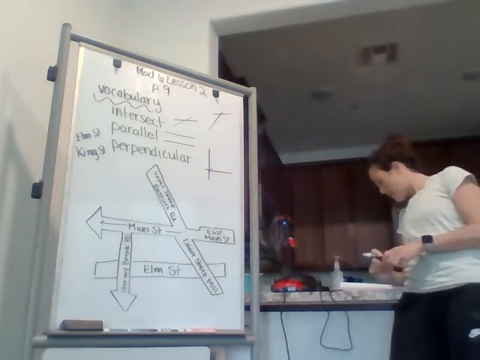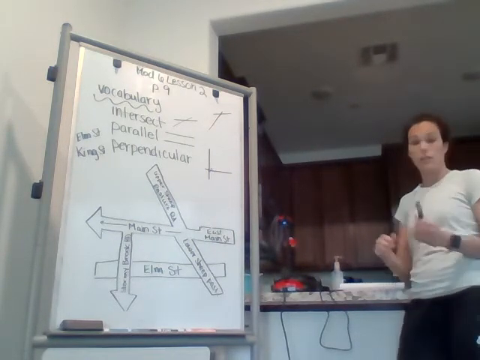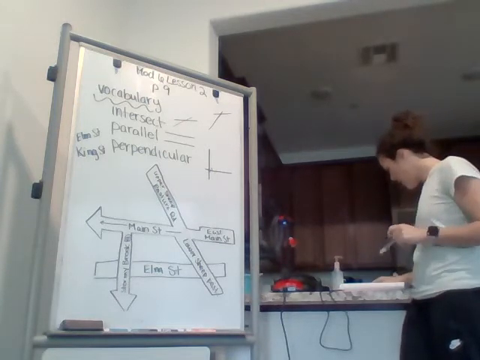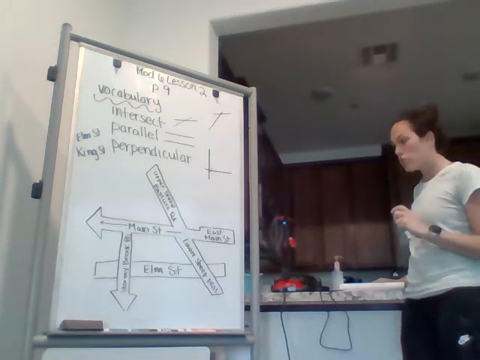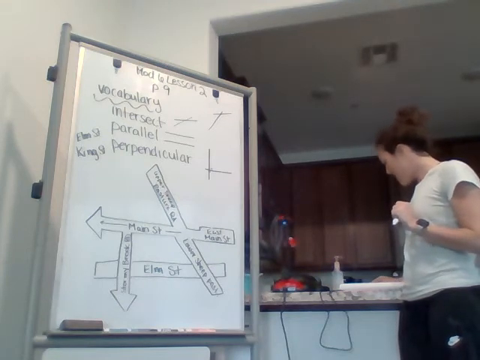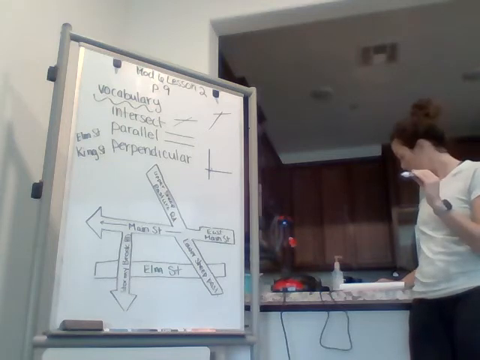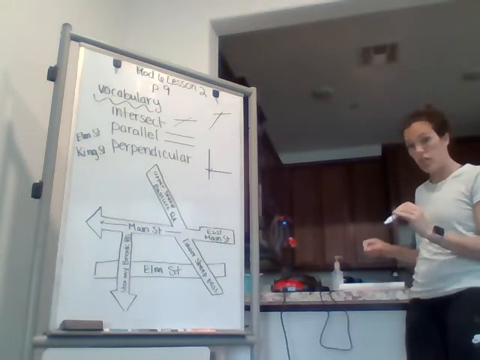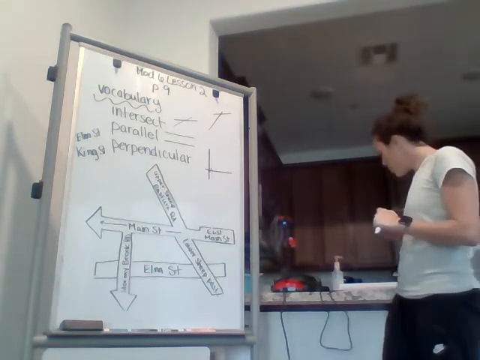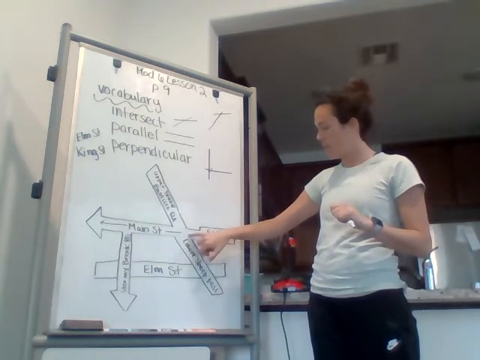The next one says King Street will be perpendicular, so again, making a 90-degree angle, to Main Street and begin, so this road starts somewhere, at the intersection of Upper Sheep Pasture Road and East Main Street.